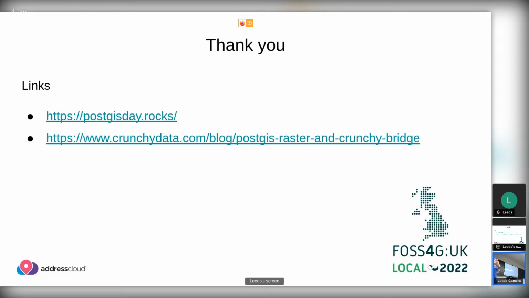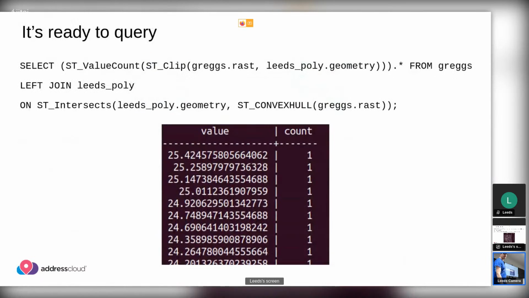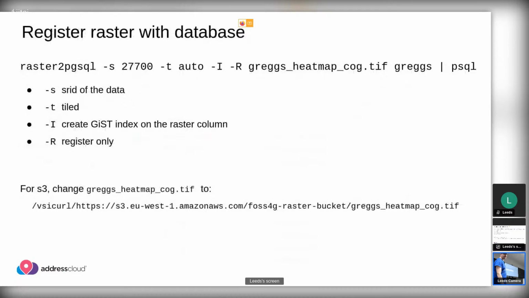Does PostGIS do the tiling, or do you need to tell it to do that? You need, let's have a look. I can't remember what the docs say, but they say raster2pgsql can handle it for you, it picks the best tiling, but you can specify a different tiling if you wish.